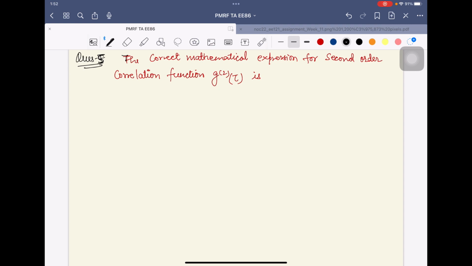Options are A, G2 tau is equal to E(t plus tau) divided by I(t plus tau).